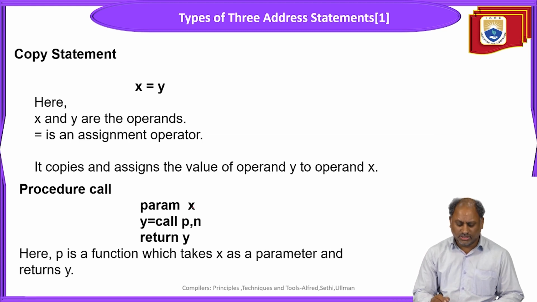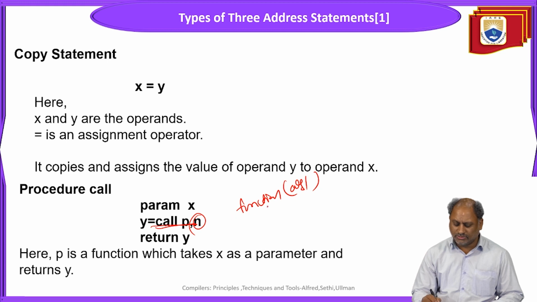And procedure calls are also used as one type of three address statement. The procedure call takes parameters. That means it is a function type of procedure where the invocation of this procedure takes place with some parameters. The parameters may be different arguments, argument 1, argument 2, and it returns some value.